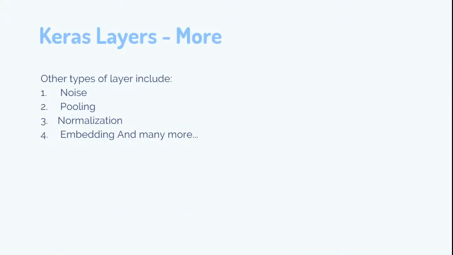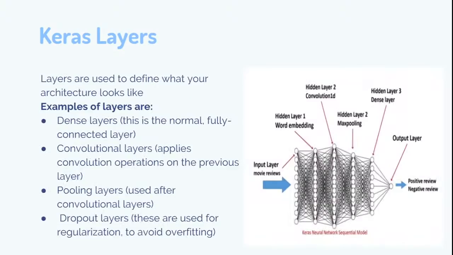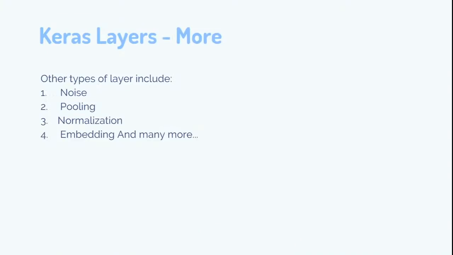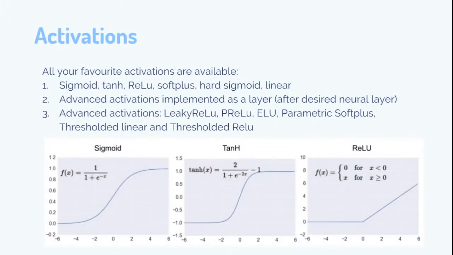We need to implement the Keras layers, and in layers not only do we have the dense layer, dropout layer, pooling layer or convolution layer, we have other layers also like noise, pooling, normalizing and embedding layers. And then activation functions. An activation function is nothing but it predicts the cost of the weight, like sigmoid, tanh and ReLU, which are the most commonly used in deep learning algorithms.